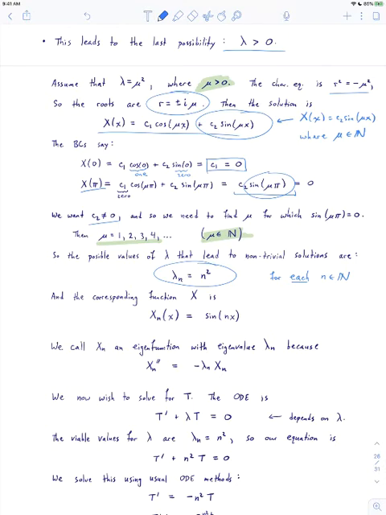Of course c2 is just an arbitrary non-zero constant, so the corresponding function we can just write as X_n at x is equal to sine of nx. We call X_n an eigenfunction, and we call lambda n an eigenvalue.